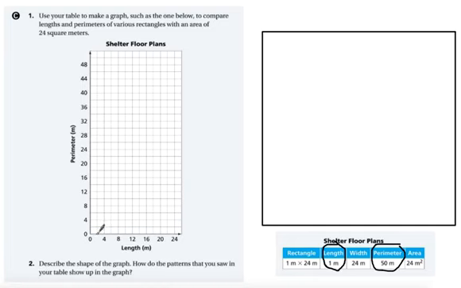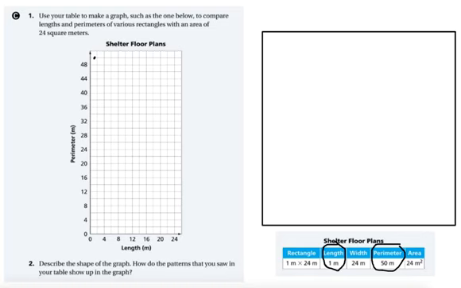So if I'm looking for 1, my 1 is going to be right in between the 1 and the 2. So I'm going to go from 1, and then I need to go all the way up here until I find 50. If you notice, there's not a 50 written over here, but you can tell that each of these lines goes up by 2. So if this is 48, this would be my 50, and I'm simply just going to plot my point. You are going to do this for the remainder of your data from your table.